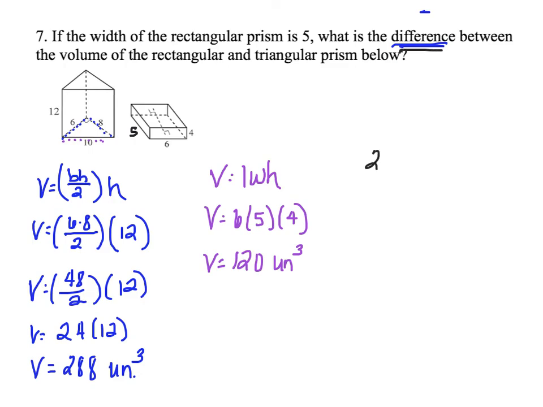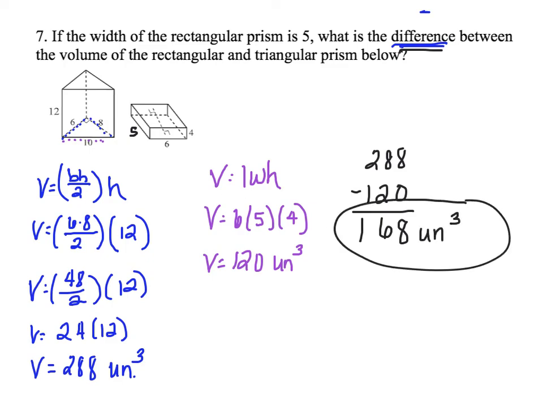So 288, my triangular prism is larger, subtract 120, and I get a difference of 168 cubic units as the difference. Great job if you got that correct, and if you made this mistake right here, just be sure you have corrected it on your paper.